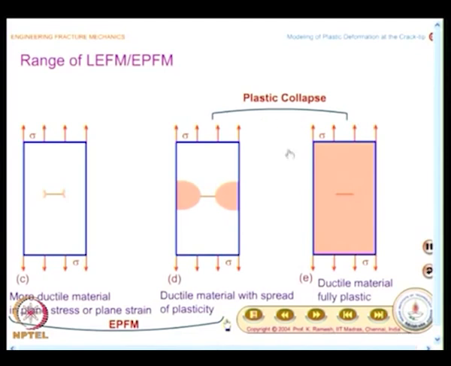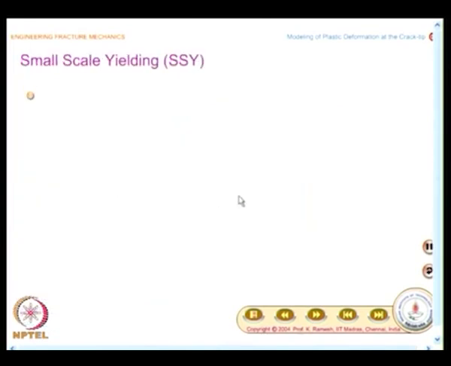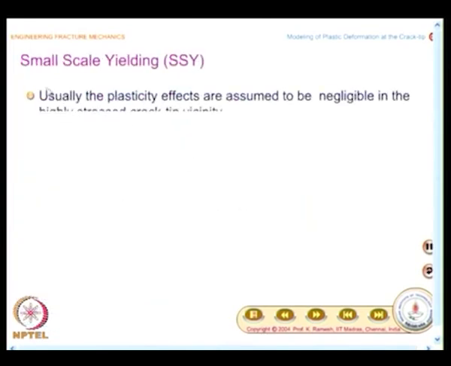This we have already seen, this is just reviewed for the sake of which domain we are going to live in. We are not even going to look at such large plastic zones, we are going to look at very small plastic zones, and that is why we have characterized this as small scale yielding. So, whatever discussion we do is applicable only when this aspect is satisfied.